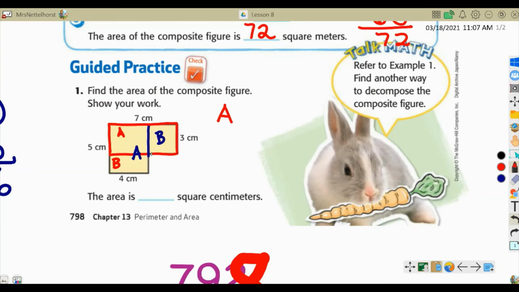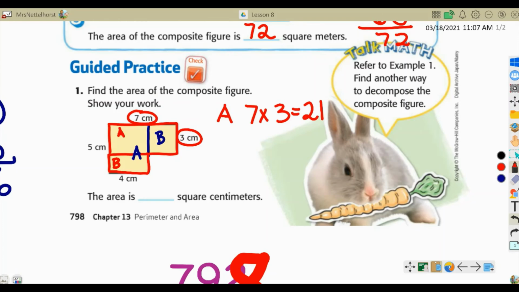So this whole rectangle here is 7 centimeters times 3 centimeters. 7 times 3. Okay? So 7 times 3 is 21. This is what you should have done when you had the video paused. Rectangle B.